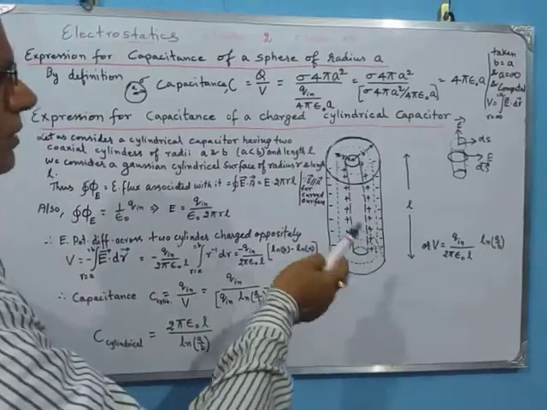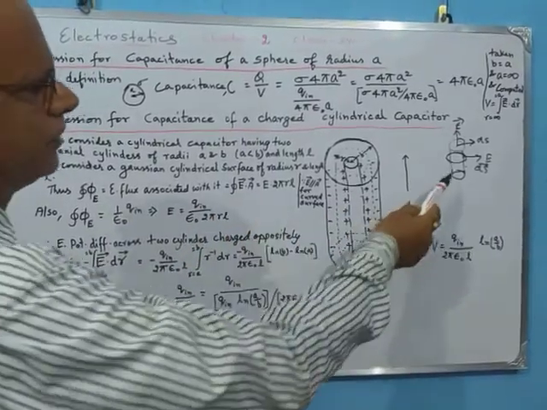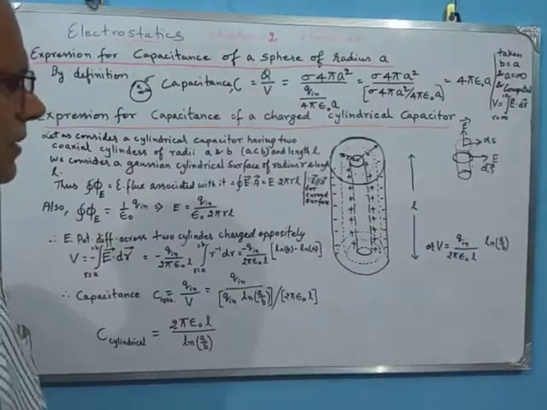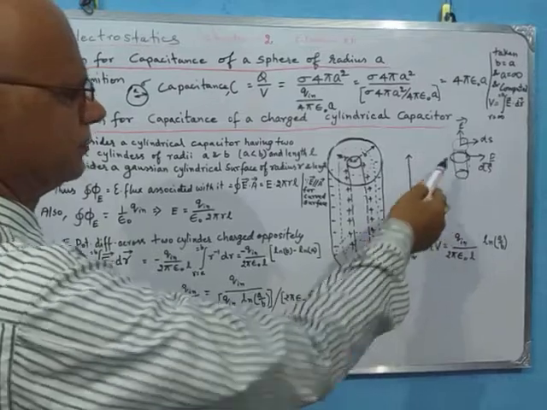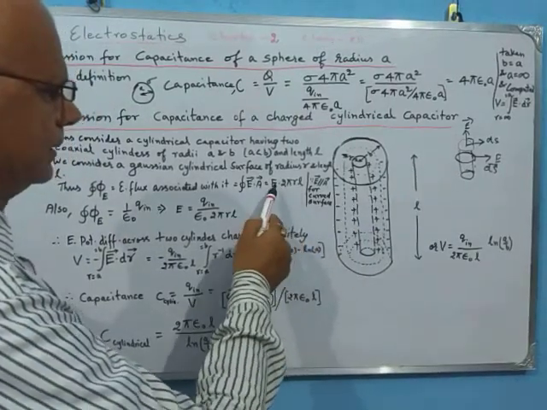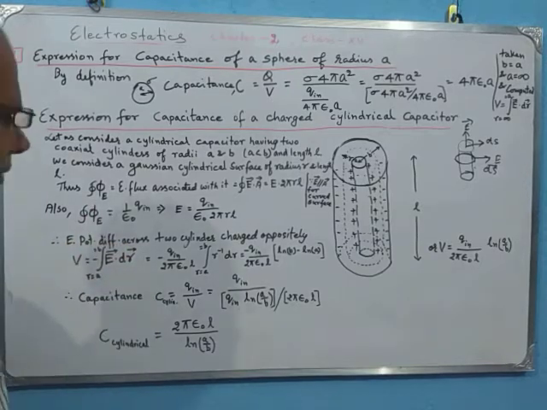So the E dot A factor survives only for the curved surface, and we get E into 2 pi r L, the curved surface area. So this is our one expression for electric flux.